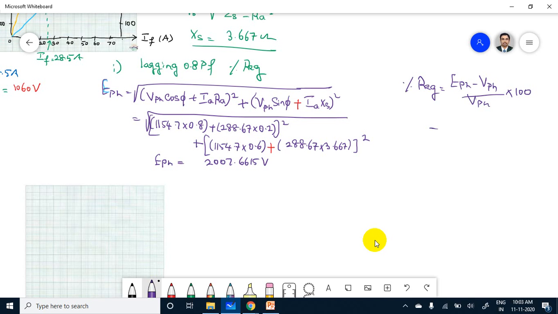The E phase value is 2007.6615 minus the V phase value, 1154.7 from our given data, divided by 1154.7, into 100. We get the percentage regulation as 91.18%. This is my answer.